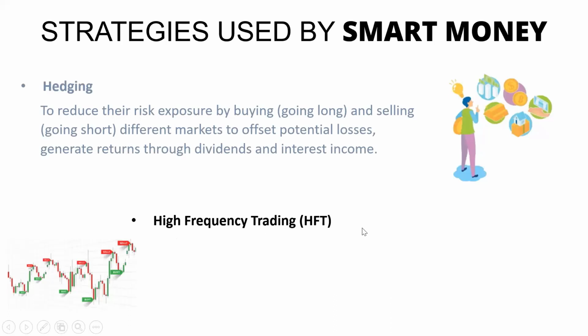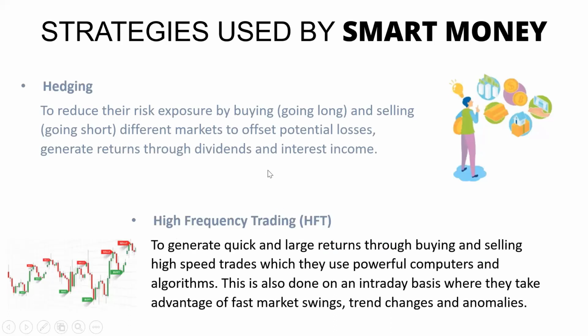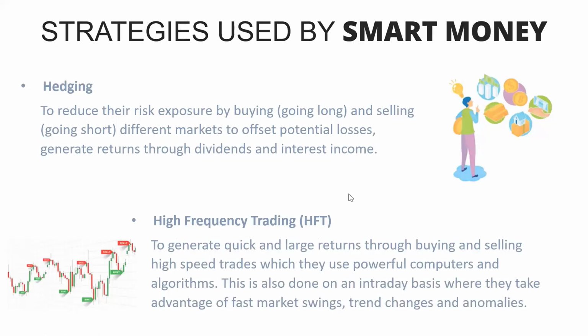They also do high frequency trading to generate quick and large returns through buying and selling high speed trades, which they use powerful computers and algorithms. This is also done on an intraday basis where they take advantage of fast market swings, trend changes, and anomalies.